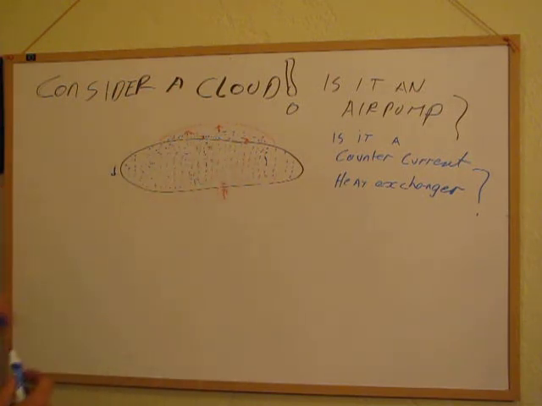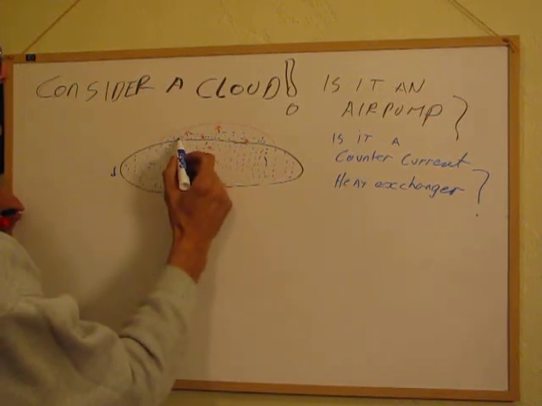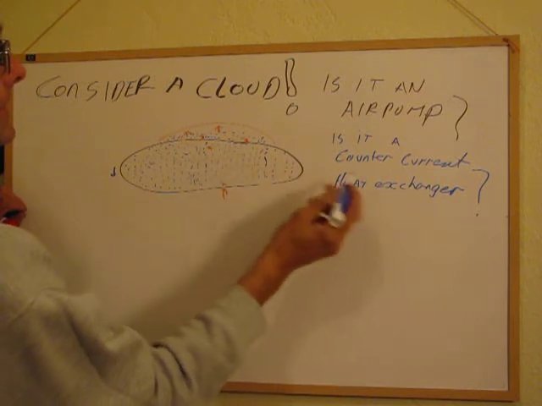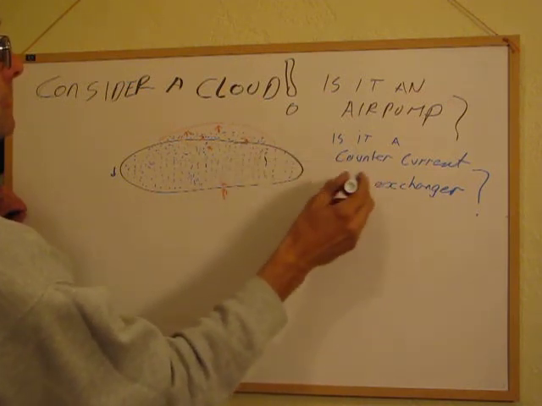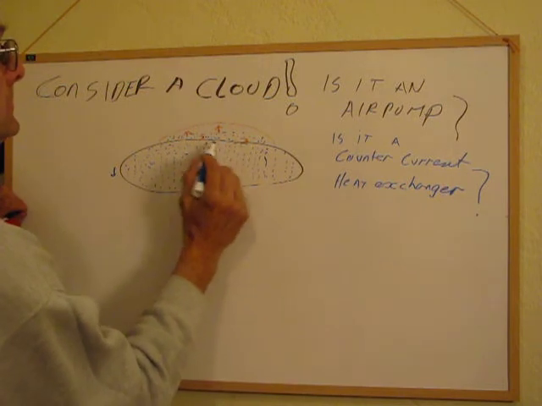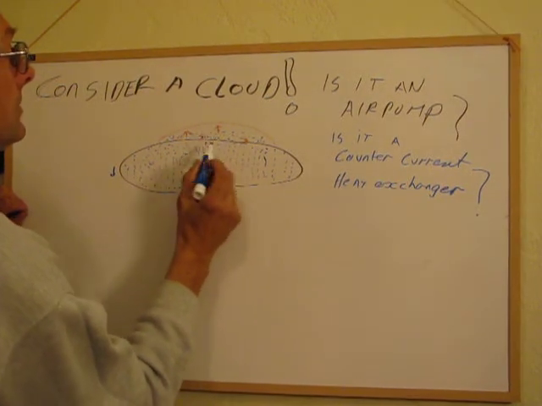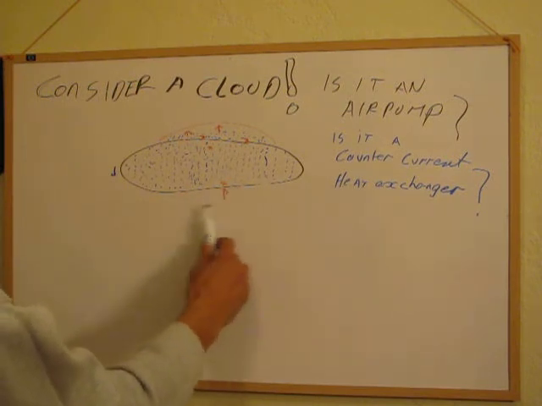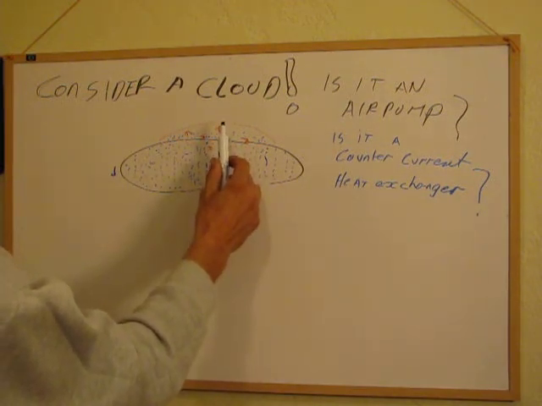And also, if you're getting condensation here and heat being made here, you are also going to get the countercurrent heat exchanger. So the heat is going to be mostly impacted on. What you're doing is moist air is going up through the cloud.